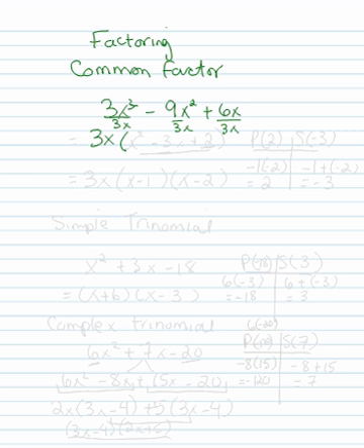Next, 9 divided by 3 is negative 3, and x squared divided by x leaves you with an x. And next, I have 6 divided by 3, which leaves me with a 2, and the x's divide into each other to give you 1, so I just left the 2. So here's my common factor.